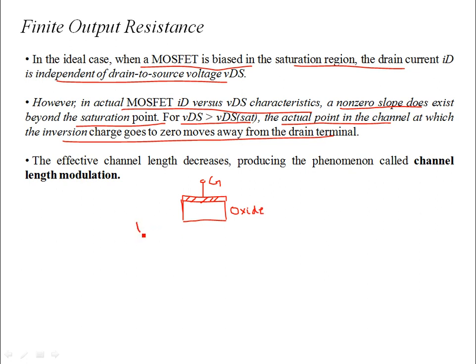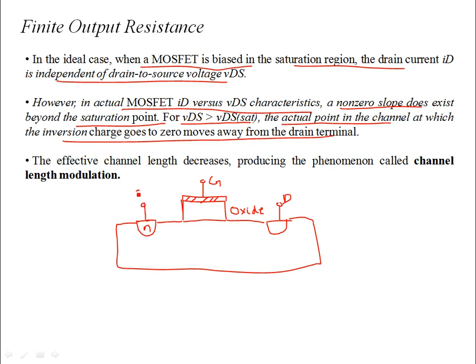Then you have the drain and source regions connected to a substrate. If it is an NMOS, then you have this N doping over here. So this is your drain terminal. Then you have another source terminal.